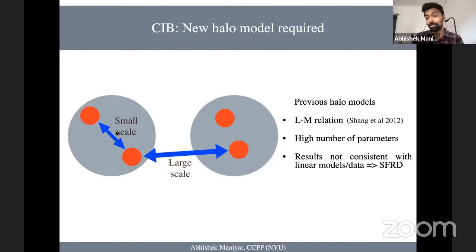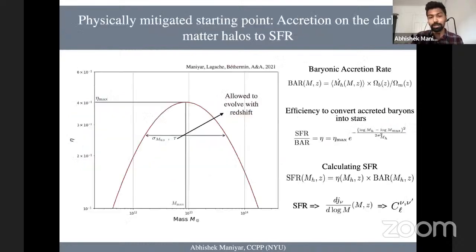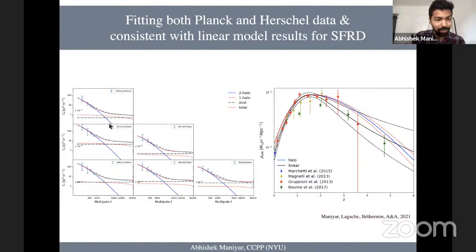And it turns out it is actually a very important term on small scales, as you can see here. When you go to multipoles of ell of 2000, 3000, the one halo term does actually dominate over the two halo and shot noise to some extent. So we do consider it. Okay. Thank you.